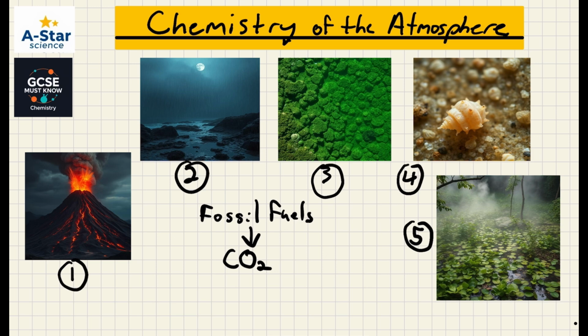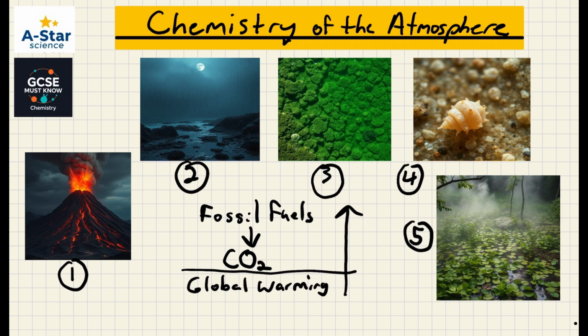The carbon dioxide levels are starting to go up, and scientists believe that is causing changes in our atmosphere, which we call global warming, which can be responsible for a phenomenon we call climate change. We'll learn more about this in other videos, and ways that we can prevent this.